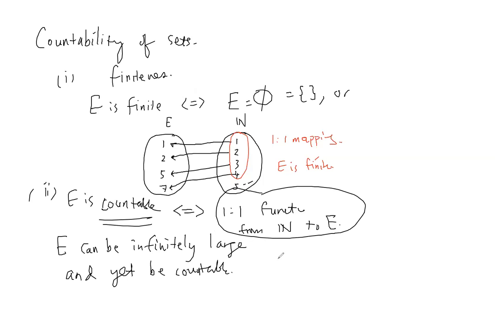I'll give you an example. If you just have E as 1, 2, 3, 4, 5 all the way until infinity, it just doesn't end, right? This set is countable because you can have a one-to-one mapping with the numbers in the set of, sorry, the set of integers.